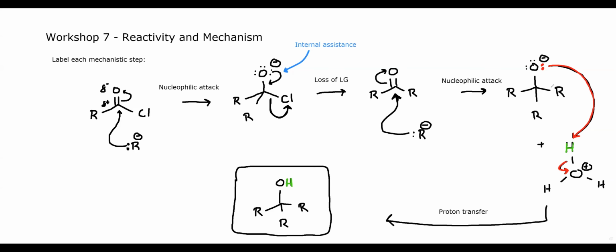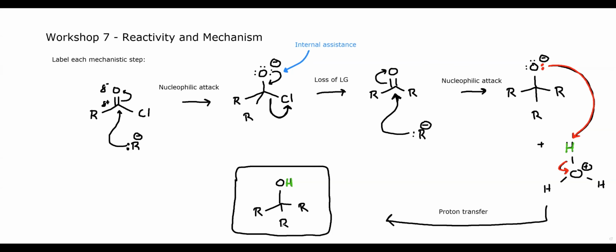That gives us this tetrahedral complex here, which is finally protonated through a proton transfer reaction to give us an alcohol instead of an oxide. So the O minus is protonated to give us the alcohol. So we end up with a tertiary alcohol with 3 R groups attached to it.